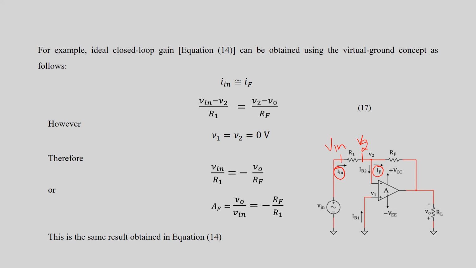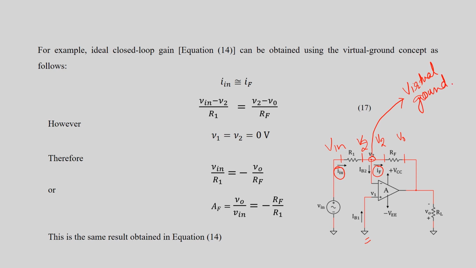Similarly, the current in RF can be written as V2 minus VO by RF. Now we know that the difference input voltage is ideally 0, that is, the voltage at the inverting terminal V2 is approximately equal to the non-inverting terminal. So V1 is grounded. This makes V2 almost equal to 0. This is the reason that V2 is also called virtual ground.